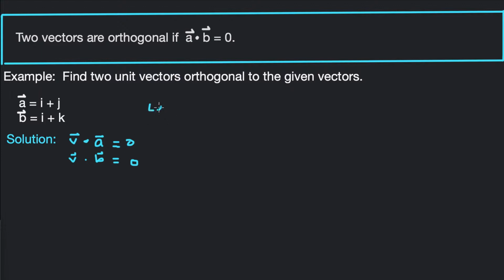So we'll let v have components v1, v2, v3. So v is equal to the vector v1, v2, v3. And notice that the vector a is equal to the vector 1, 1, 0, and vector b, we know, is equal to the vector 1, 0, 1.